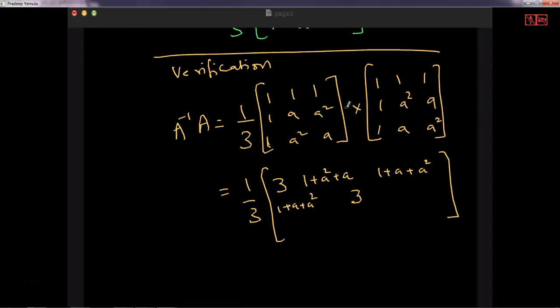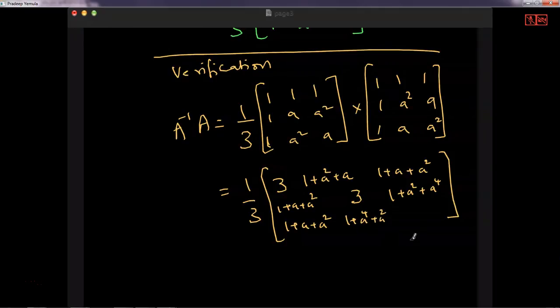And finally, second row into third column: 1 plus A square plus A to the power of 4, and finally 1 plus A cube plus A cube.